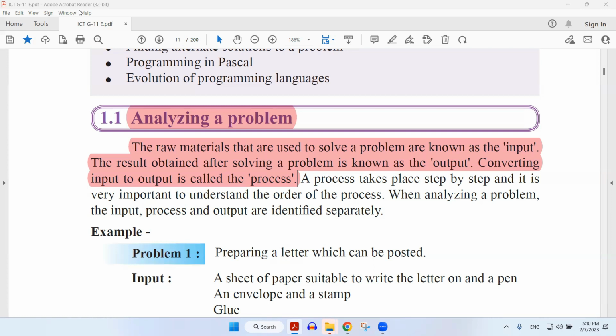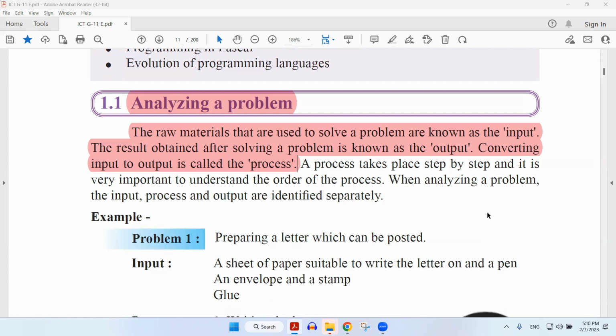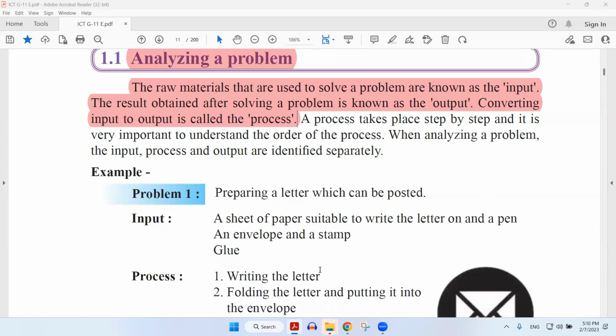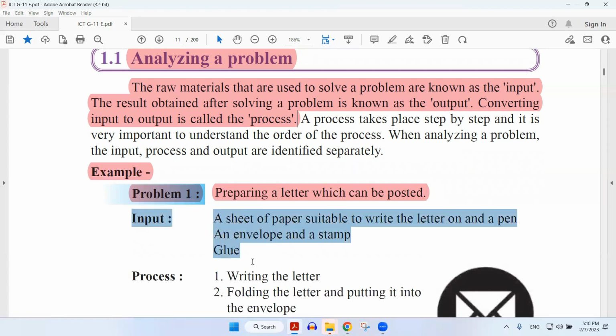Done, sir. Okay, how about others? Is anyone still writing this? If you are done with this, go with the first example. We just write the very first one. That's all. You don't need a lot of things to be written. So let's go with this.